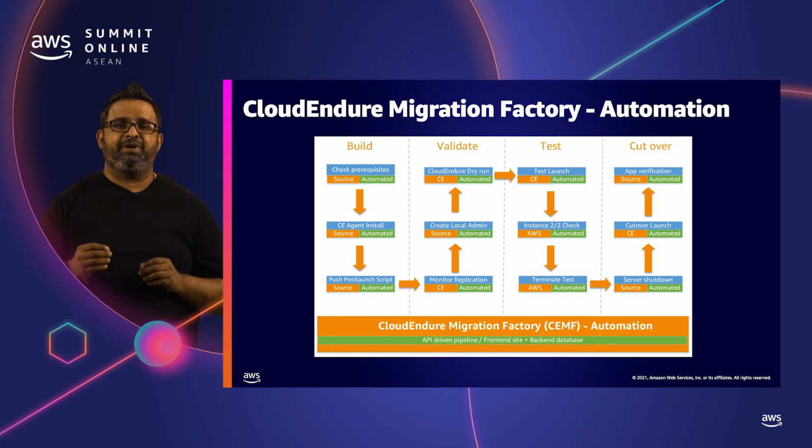The automation happens in 4 phases, which includes the build phase, mainly to handle prerequisites and agent installation, the validate phase, to monitor the replications and local admin creations, the test phase to carry out test cutovers, and the cutover phase to handle actual cutover activities. The automation feature here emulates the multiple small button analogy used earlier in the presentation.